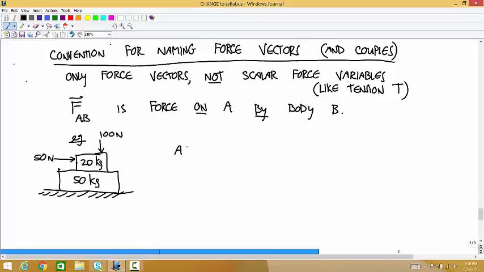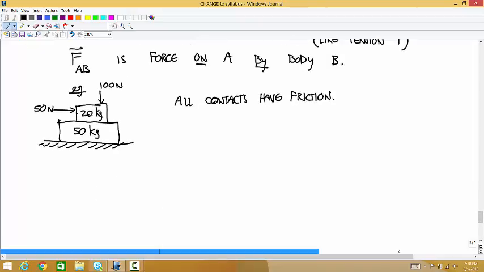And we're going to assume that all contacts have friction. So let's just draw the free body diagrams of each of these. Draw free body diagrams for the 20 and the 50.